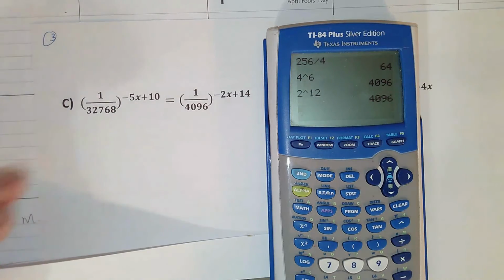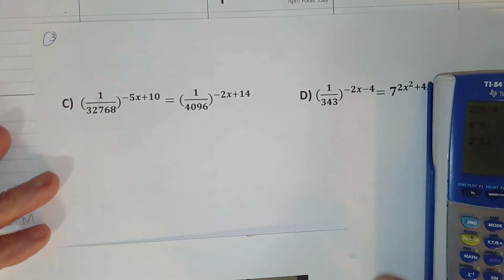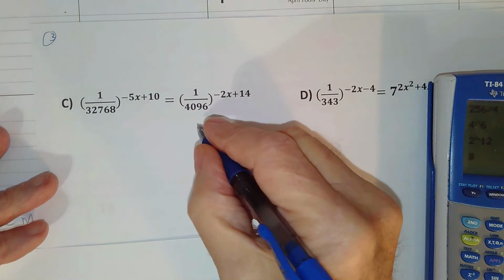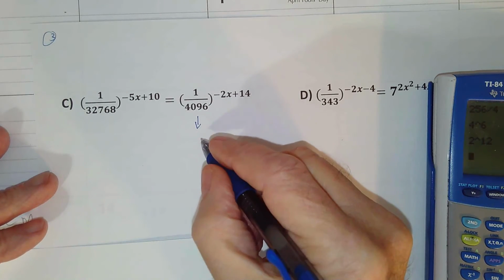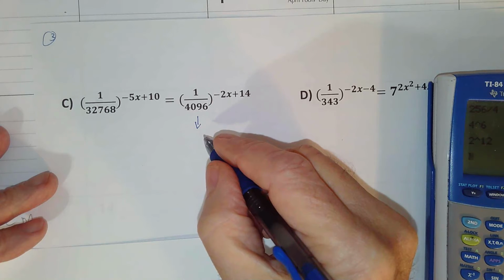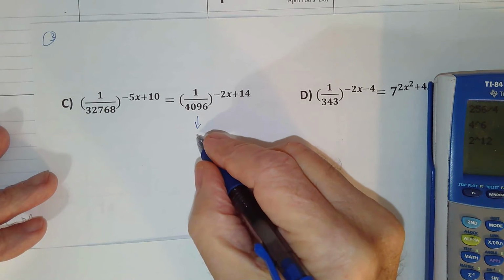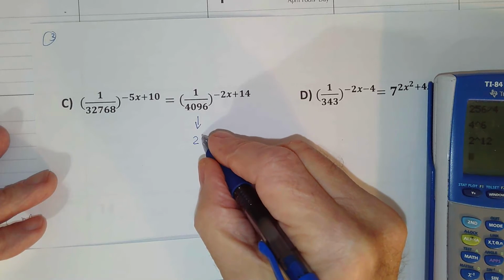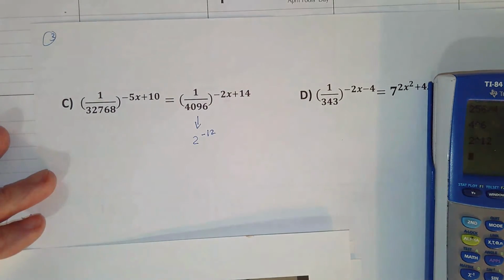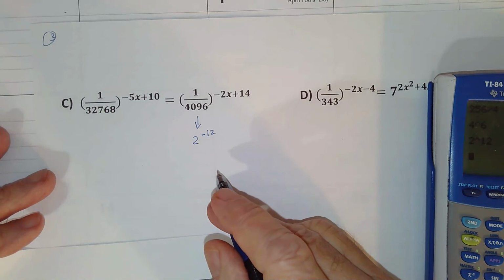So this is 2 to the negative 12. Okay? That's what that's going to be.